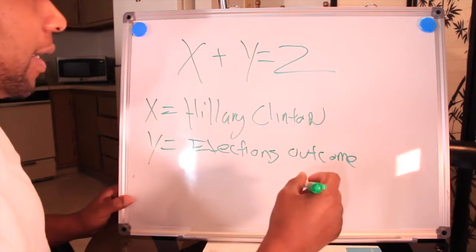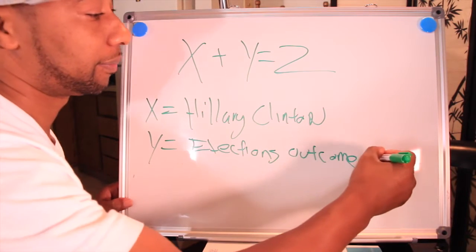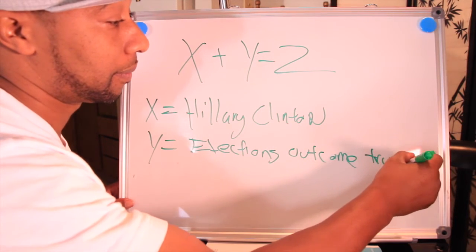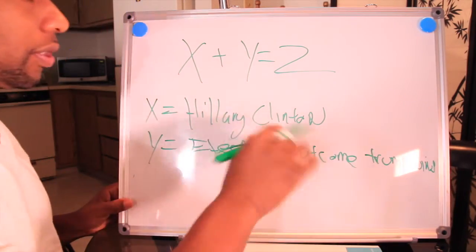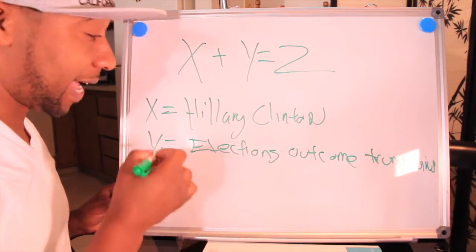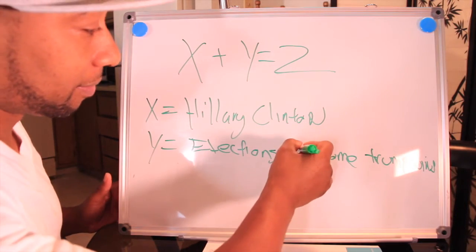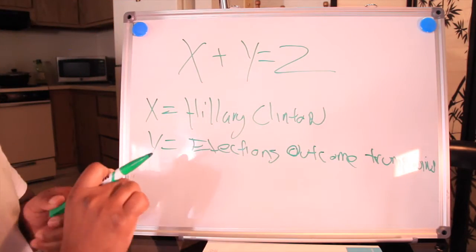Translation, Trump winning. Trump wins. I'm writing at a weird angle, so if you can't read that, that's the election's outcome. My handwriting is terrible. All right.